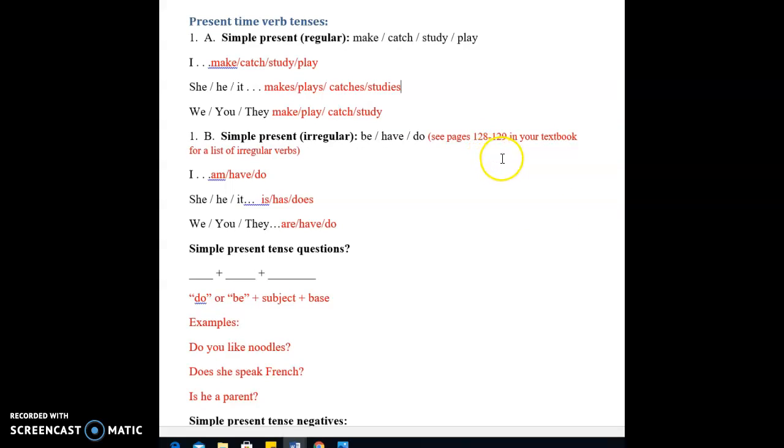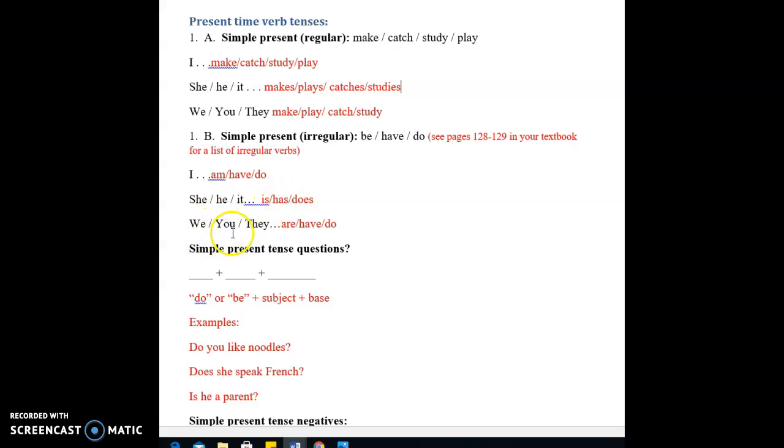All right? So simple present irregular verbs. On pages 128 to 129 in your textbook, there's a nice list of common irregular verbs. With irregular verbs, you can see that you basically have to know the different forms. So I am, that's the be verb. I have, I do. Okay, now let's see what happens to the be verb with he, she, it. He, she, it is, he, she, it has, he, she, it does.